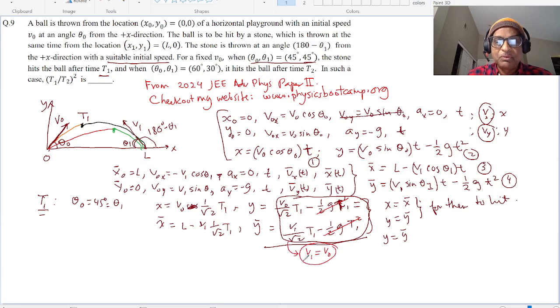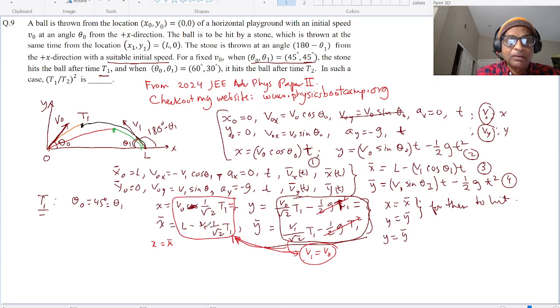So this means v1 equals v0, and now I can use over here x equal to x bar, this equal to that, and using this inside there, v0.